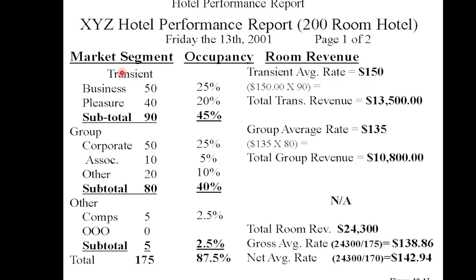So 50 divided by 200 times 100, so still 25%. Same thing here, 10 is 5%. Then for others, we have 20, that's basically 10%. So a total of 50, 10, 20 is 80, then 25, 5, 10 is 40%. So 80 rooms is 40% of the 200 room hotel. Get it?